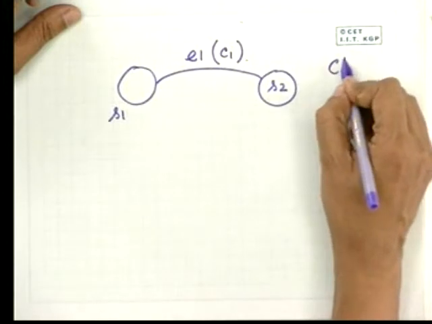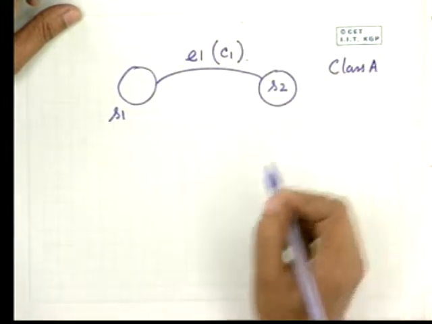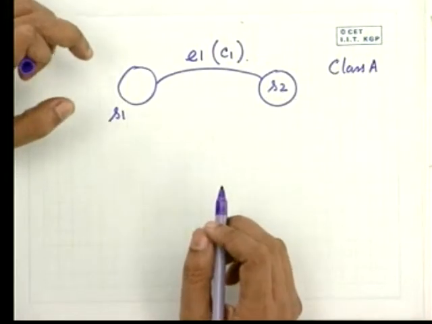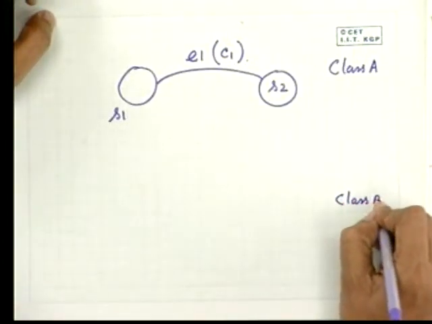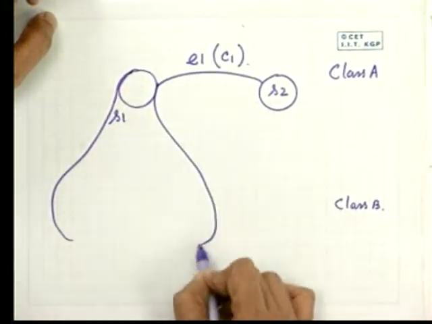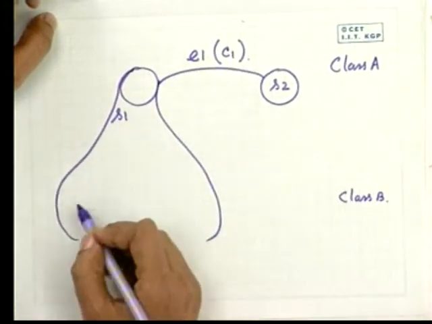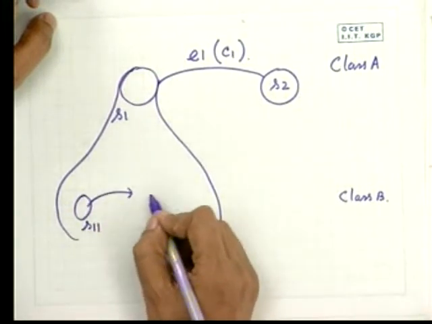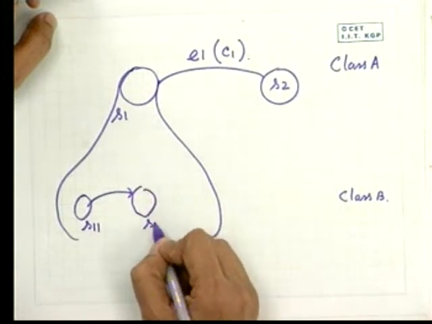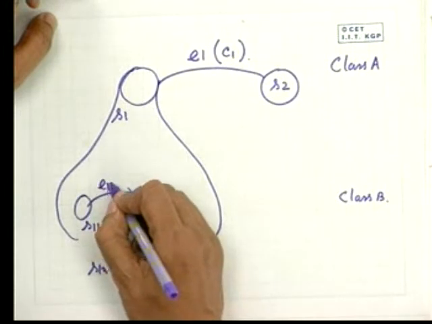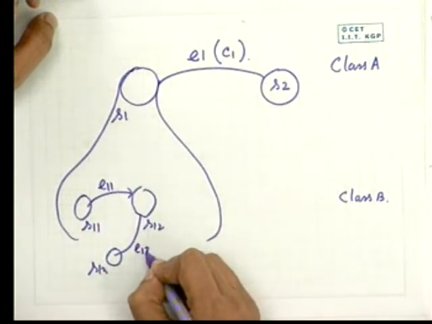So this is in class A. Now when in class B we try to inherit, we may treat class B as an extension of class A. Now we can think of this state itself as a composite state, and we can think of it like this, that this corresponds to a state S11 and then S12 and say S13. So we have say E11, E12 and E1.